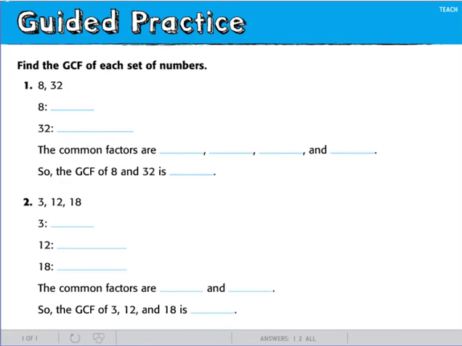All right, here we go. So, our guided practice for today. We're going to find the greatest common factor of each set of numbers. We're going to start with 8 and 32. They want me to make lists, which I will do because they're asking me to.